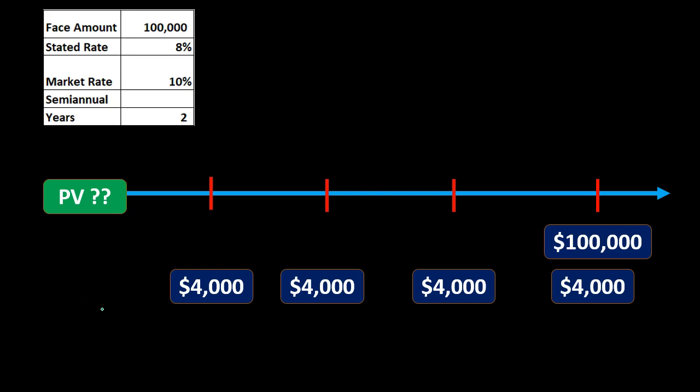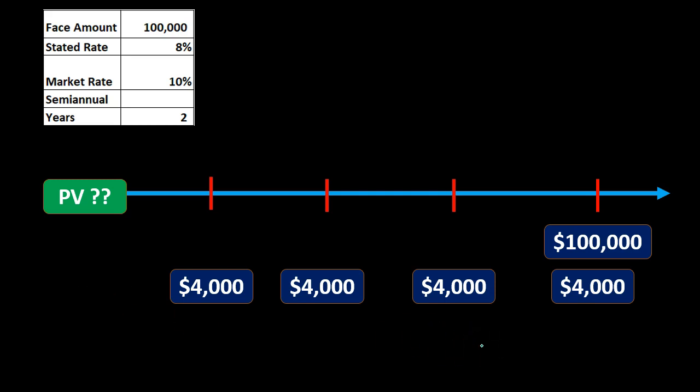Why? There's two factors. One is that we know that there's interest, so the value, the purchasing power will actually go down. And 2, there's opportunity cost. If we had that money now, we could put it somewhere else. And therefore, the fact that we could put money to work means that it's worth more today than in the future. So for those reasons, we gotta present value this information.